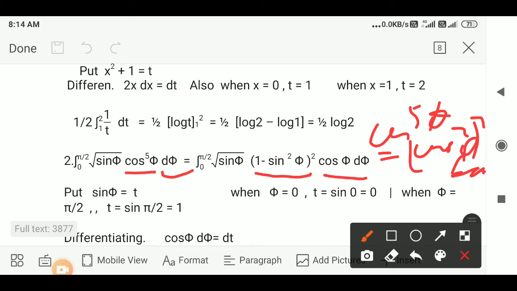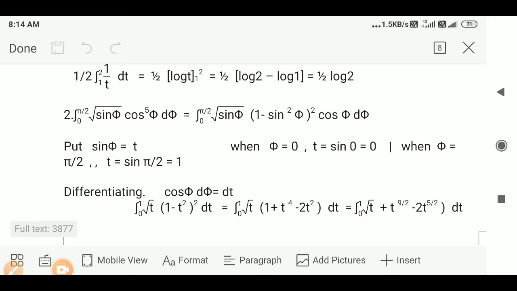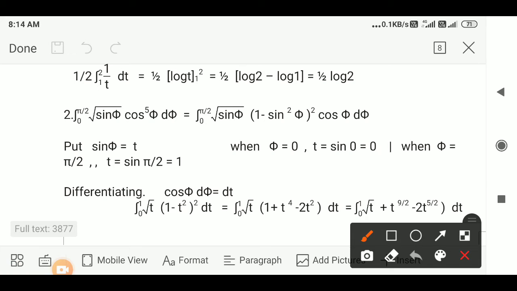So this is, you replace cos square phi by sin square phi, so you get it like this. Now put sin phi is t, because cos phi d phi, that differentiation, is present here. So sin phi is t. Now first you find the limits of phi.